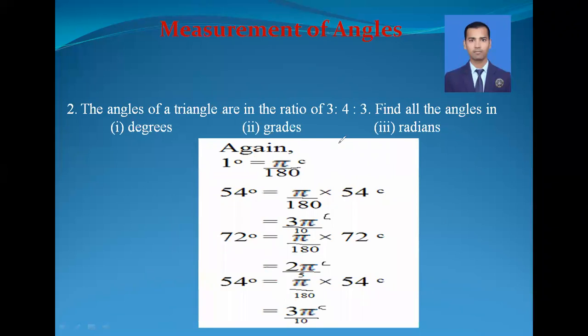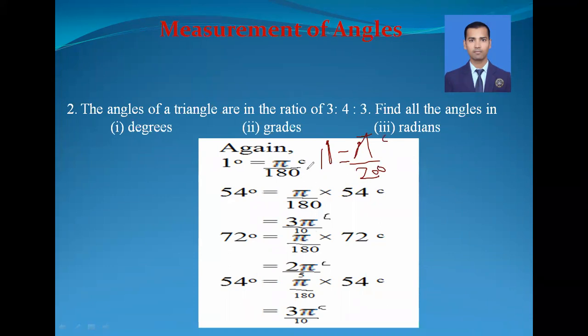That we have learned already in our previous class, that 1 degree is equal to pi by 180 radian, whereas 1 grade is equal to what? 1 grade is equal to pi by 200 radian.